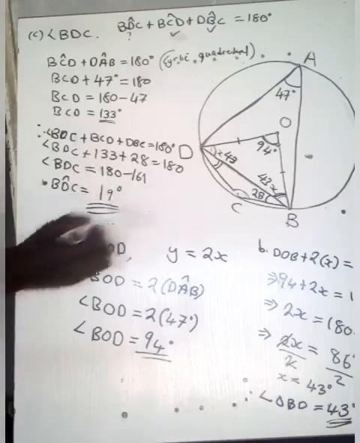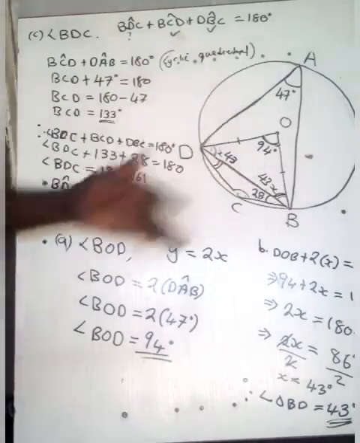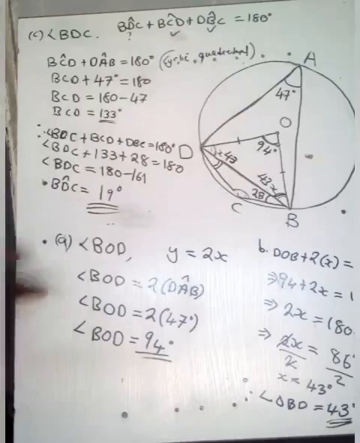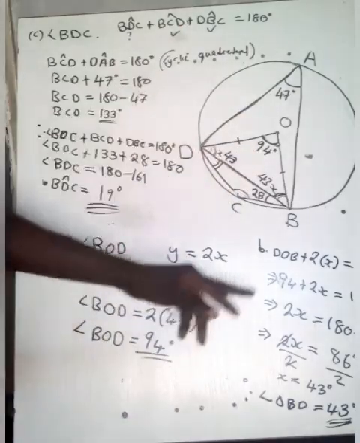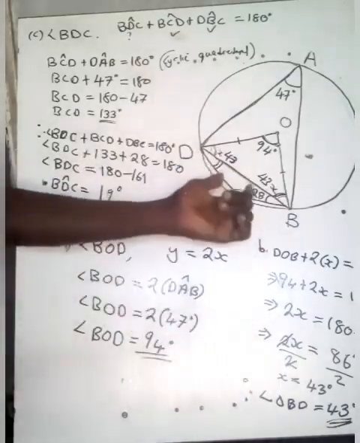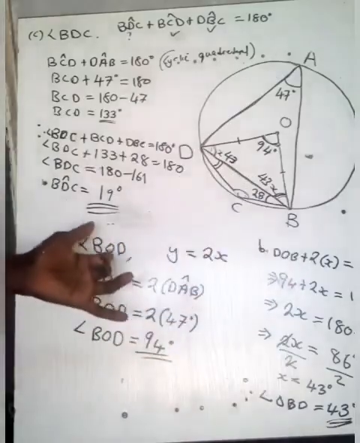And I've calculated. So in a nutshell, if you look at how we have found it, we first found angle AOB using the principle of angle at the circumference being 2 times the angle at the center. After we found this, we used the principle of isosceles triangle and found the base angles 43.